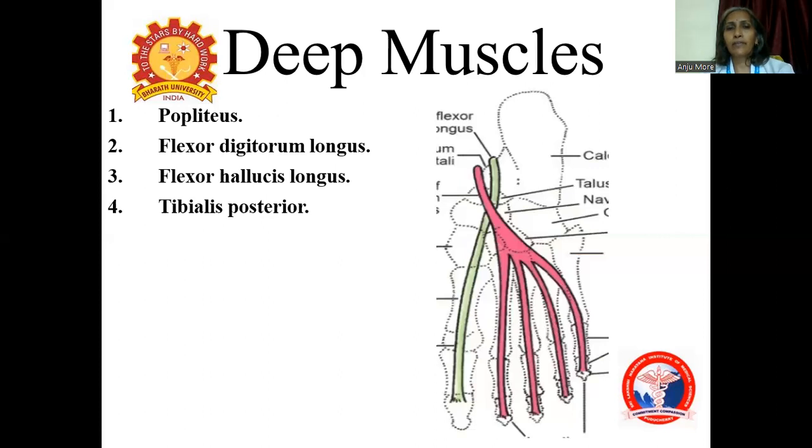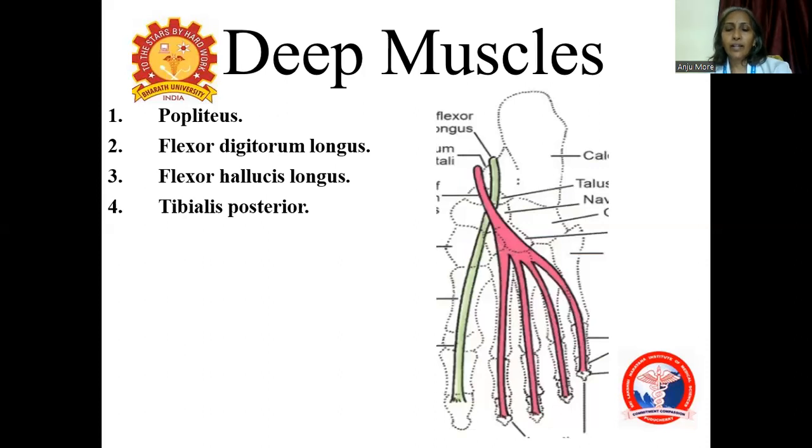Both muscles are having long tendon, so longus. Tibialis posterior is the corresponding muscle to tibialis anterior. The tibialis anterior is the extensor muscle in the extensor compartment of leg or in the anterior compartment of leg. Here in the posterior compartment we have tibialis posterior.